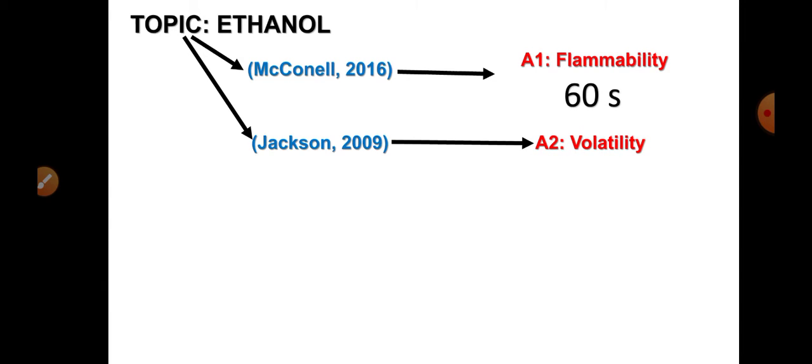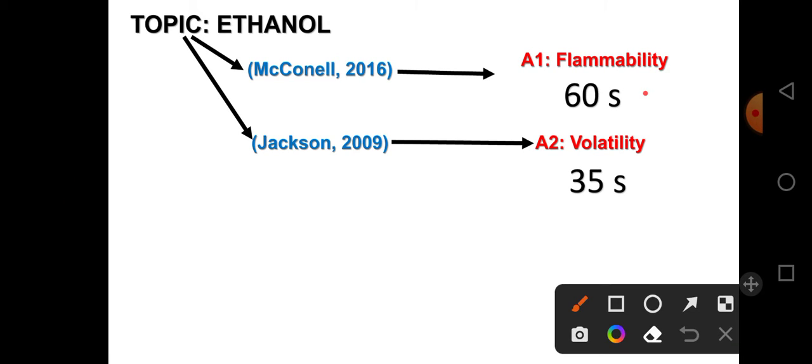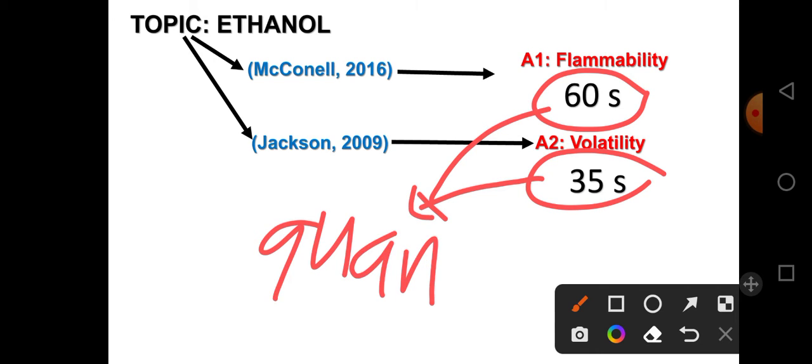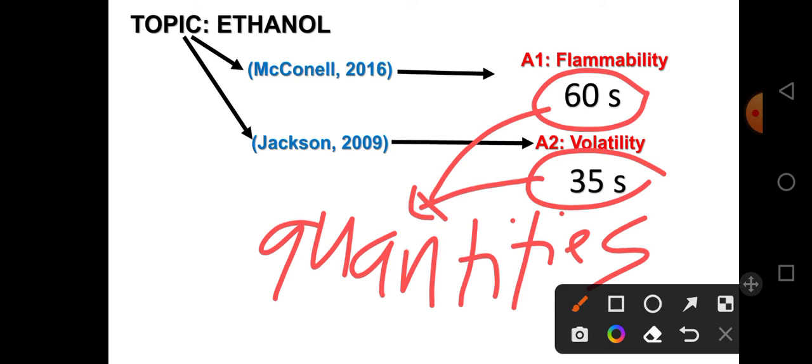Then afterwards we tried to measure its volatility, and results showed that the ethanol evaporated after 35 seconds. So class, we have here numbers, and numbers pertain to quantities. Therefore, class, if we have quantities, can we say that the variables are measurable or not?